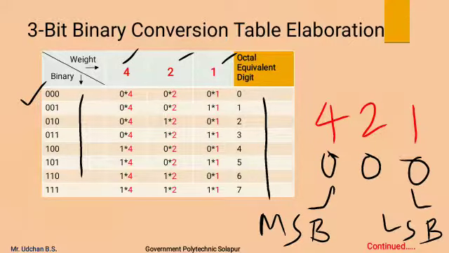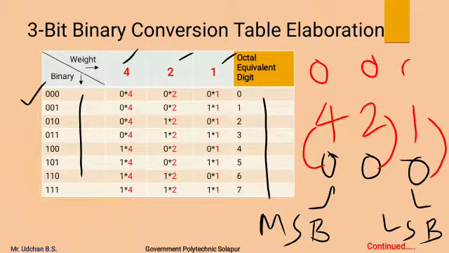Now we are going to multiply each positional weight with 0. After the multiplication, we will get 0, 0, 0. We will add them, we will get 0.